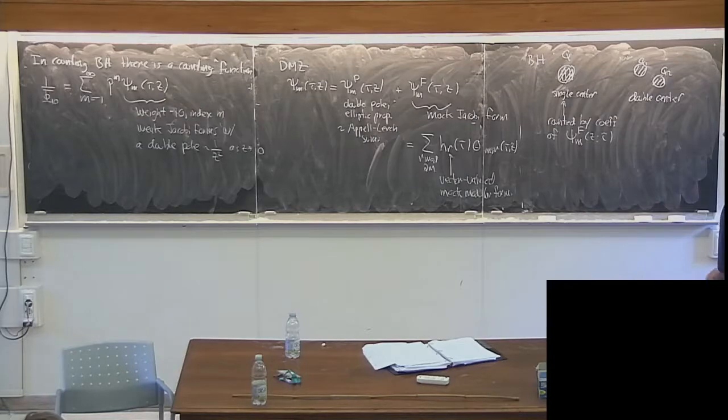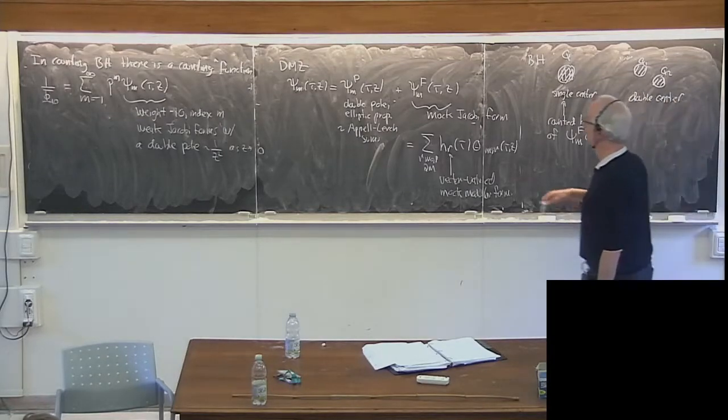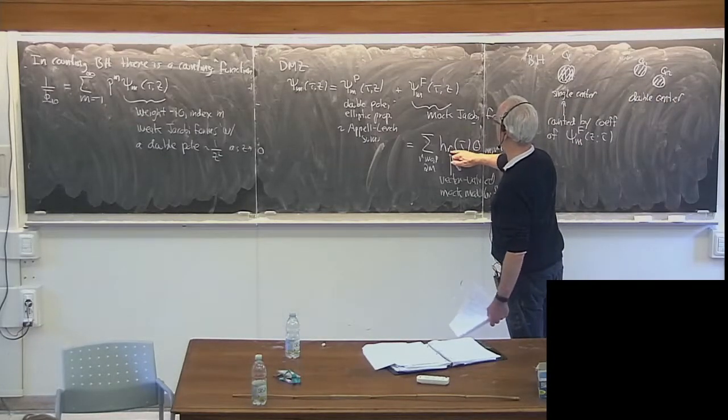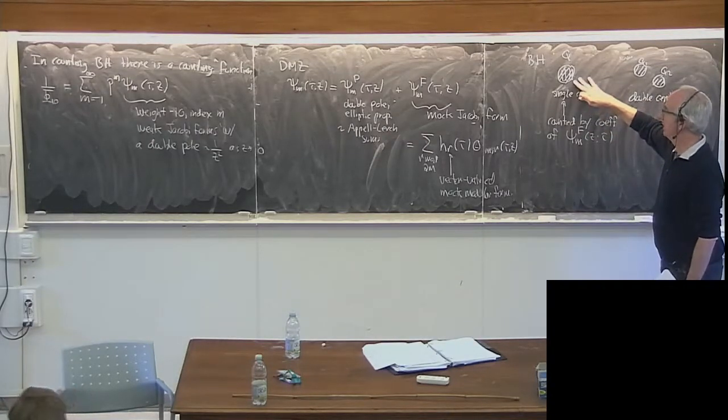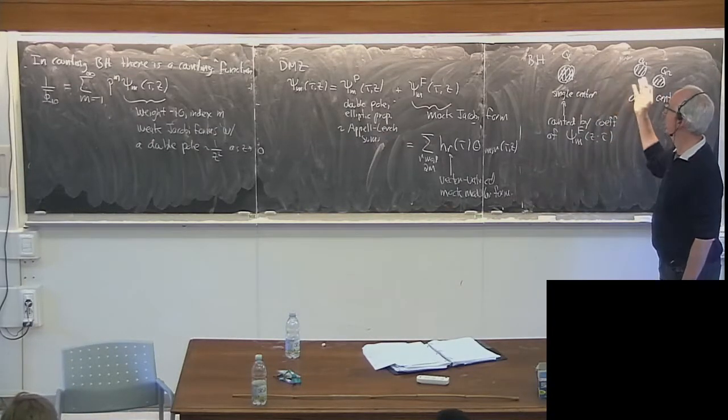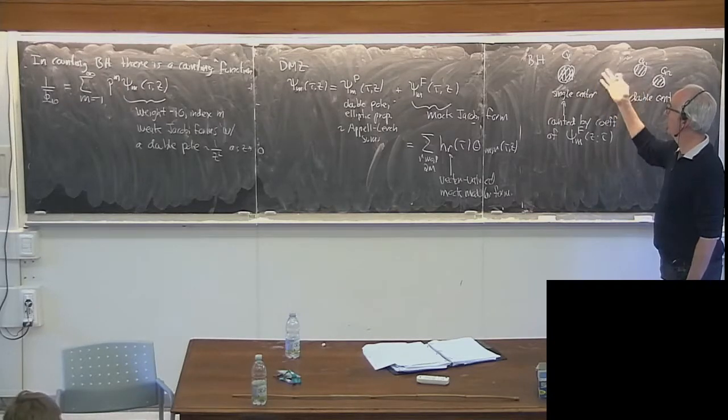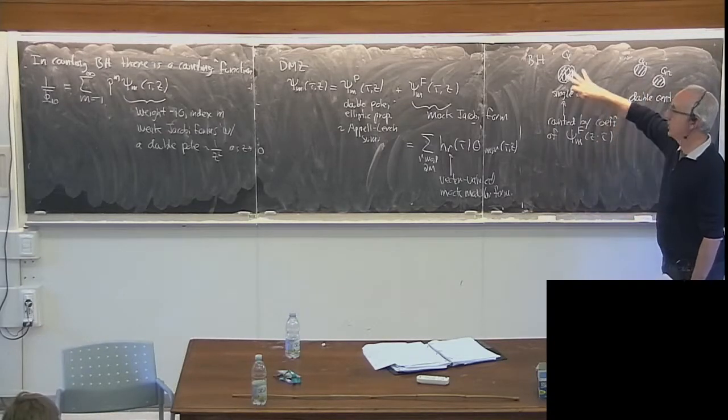So there's a mathematical construction in terms of vector-valued mock modular forms, and there's a physical interpretation, which is that if you want to compute the degeneracy of these black holes, if you want to compute their entropy, and you want to just focus on the single center ones, then they are counted not by a Jacobi form, but by a mock Jacobi form.